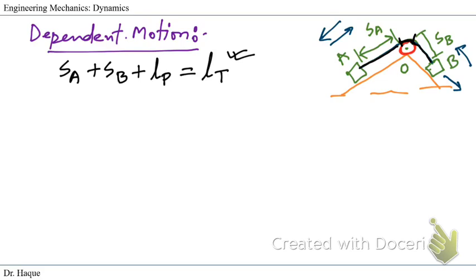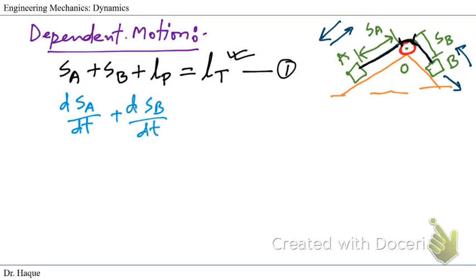Now if we take the time derivative of this equation, equation 1, what do we get? dSA over dt plus dSB over dt plus the derivative of LP over dt and the derivative of LT over dt.